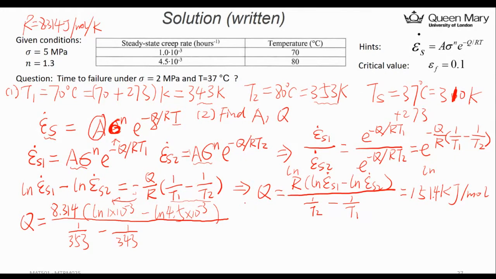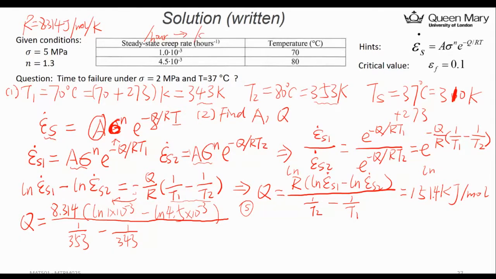For a standard SI unit, we should use second as the unit, which we can put here. It looks like this is per hour. So if we change that to second, we need to change per hour to per second.